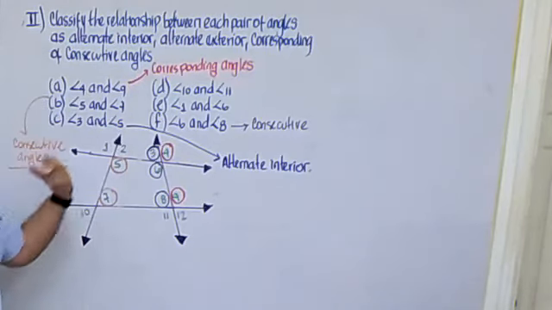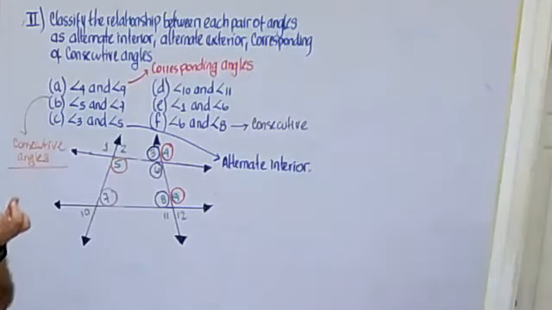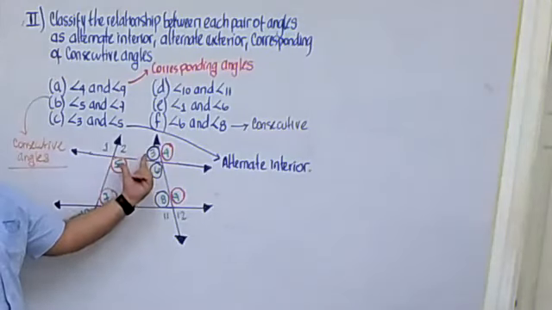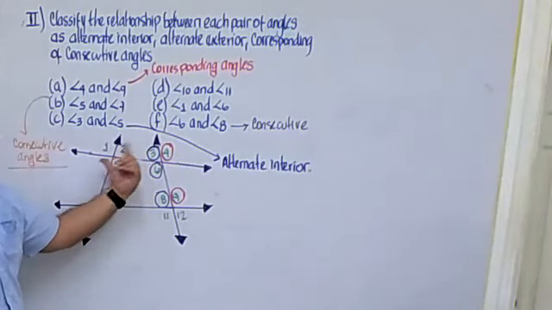And alternate interior can be taken using two angles in different positions in the interior part of the plane, with a parallel line. Here we have an exterior angle with one interior angle. Then we're going to say alternate interior exterior.